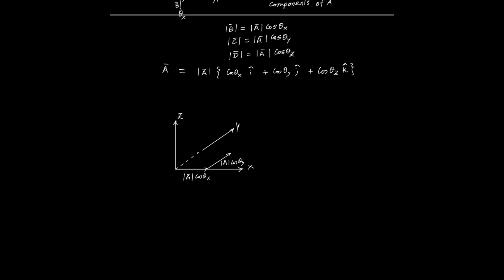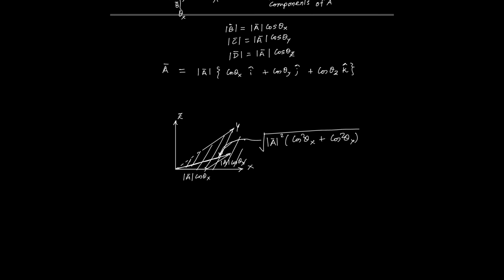Now, using Pythagoras theorem, we can find the size of this side, which is not a vector. This is just a side in xy plane. So this side using Pythagoras theorem will come out mod A square cos square theta x plus cos square theta y under root.